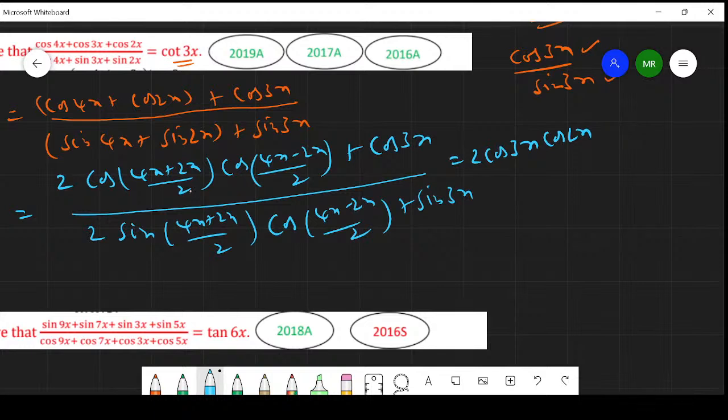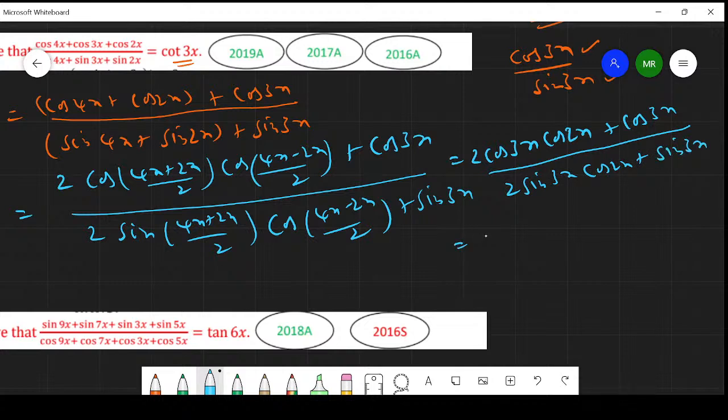2 cos 6x by 2 cos 3x cos 2x plus cos 3x, by denominator 2 sin 3x cos 2x plus sin 3x. You take cos 3x common here, it will be 2 cos 2x plus 1.